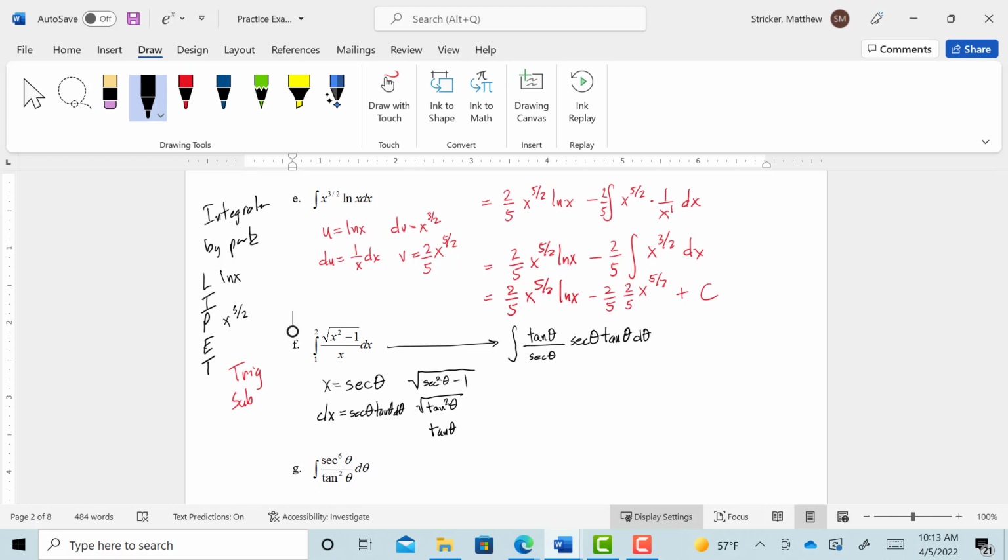And changing our bounds, actually, I'm just going to go ahead and leave our bounds off for now. And we can go back to it at the end because we know we're going to need to do that. So what can we simplify here? So secants can cancel.